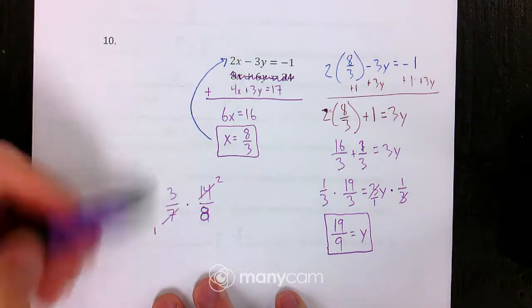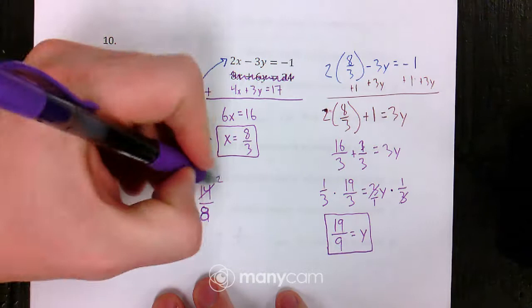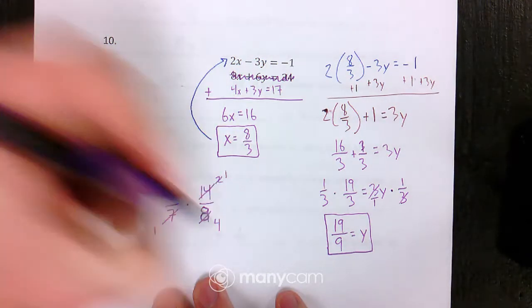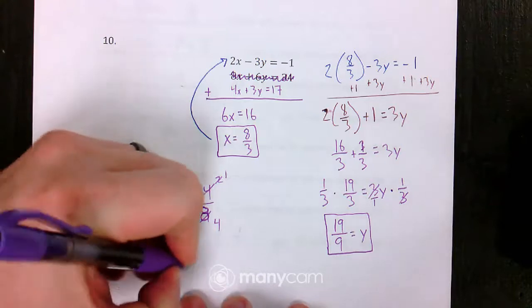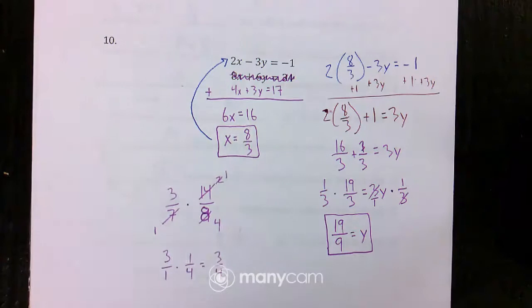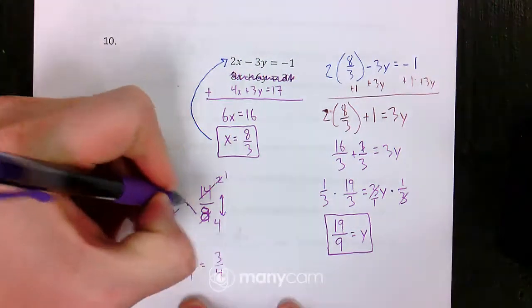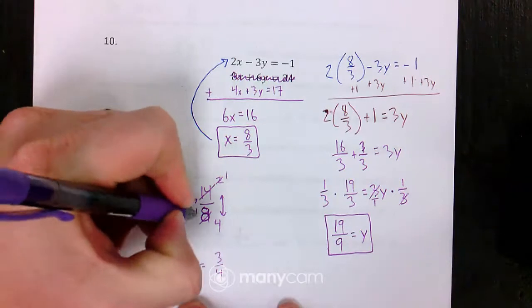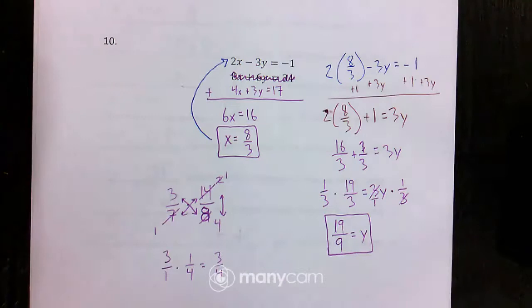But I can also cancel up and down because it's just basically reducing my fraction. So 2 goes into 2 once, 2 goes into 8 4 times. So I can really write this as 3 over 1 times 1 over 4. Then it becomes a lot easier to calculate. So you can only cancel up and down or crisscross. Okay, you cannot cancel left and right because you're multiplying left and right.